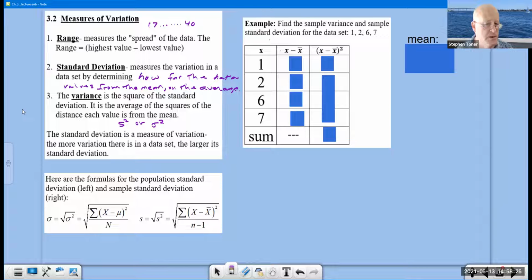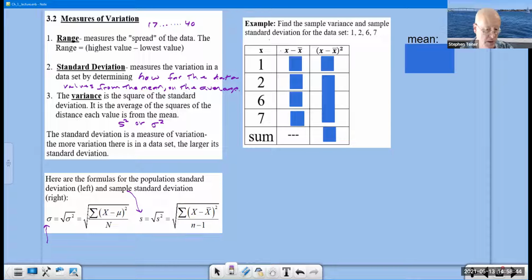Now, we mentioned that there are two different standard deviations. The one on the left here, using the Greek letter, is the population standard deviation. And then we've got the sample standard deviation using the letter S. And these formulas are very similar to each other.